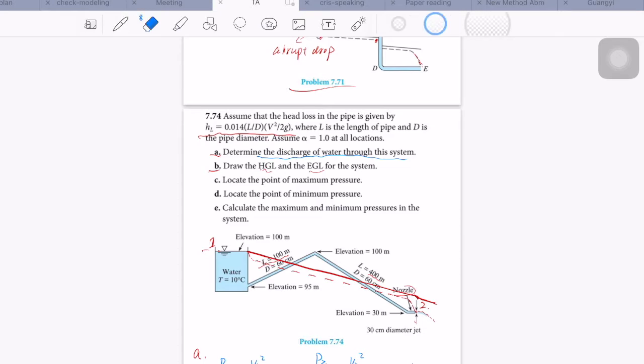The red solid line is the EGL, and the red dashed line is the HGL. Since there is a nozzle, the velocity increases, so we can see the HGL drops.